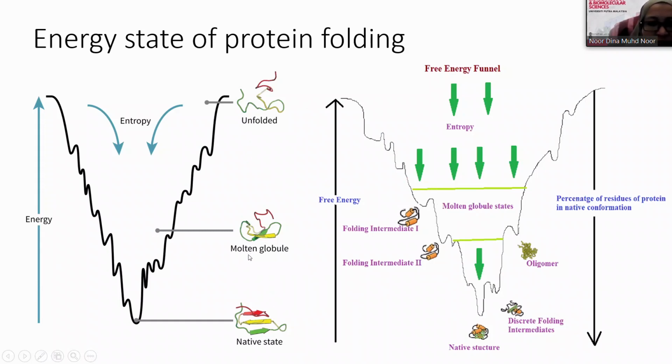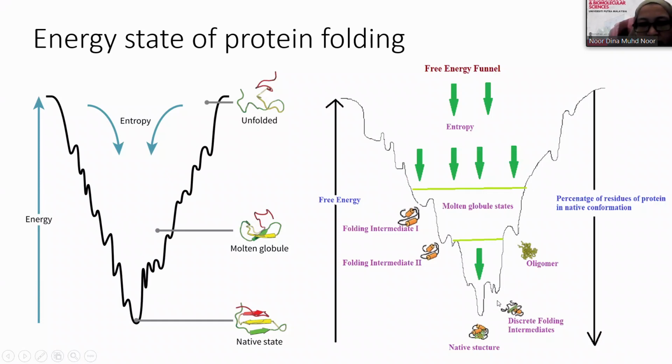Perhaps now it becomes a molten globule state, then the energy becomes lower. And if the protein is totally folded in an active or inactive state, it is going to have the lowest energy. So that is the concept of protein folding.